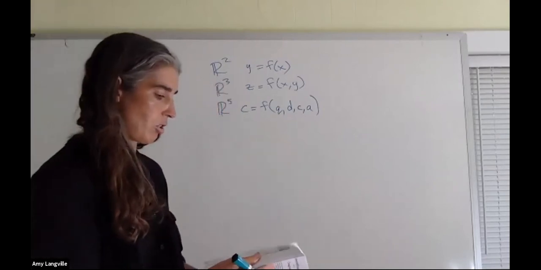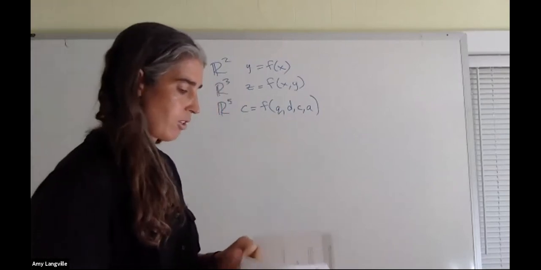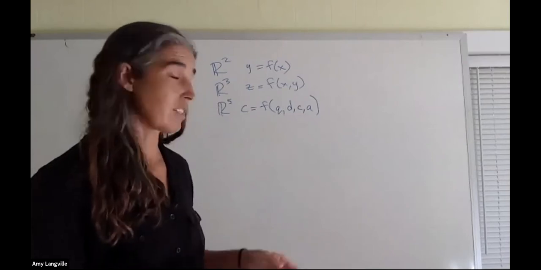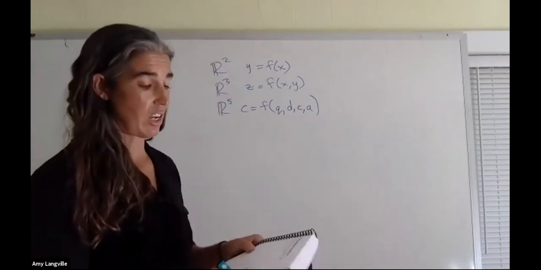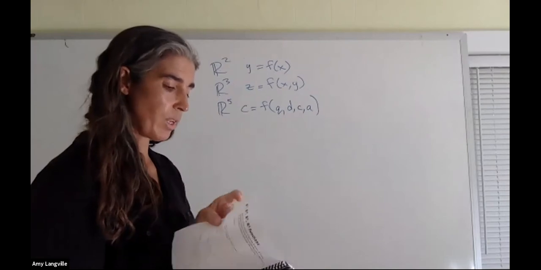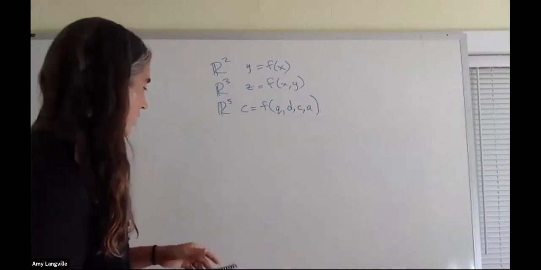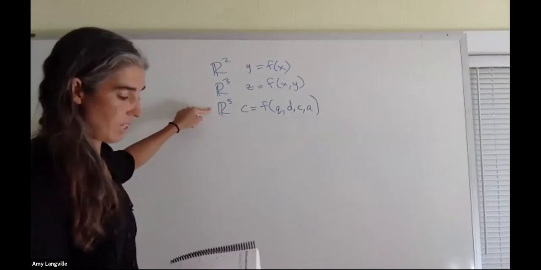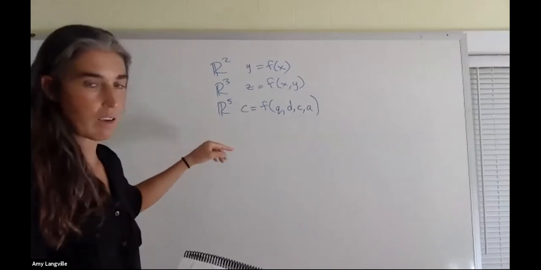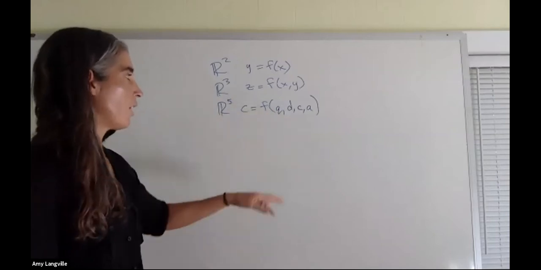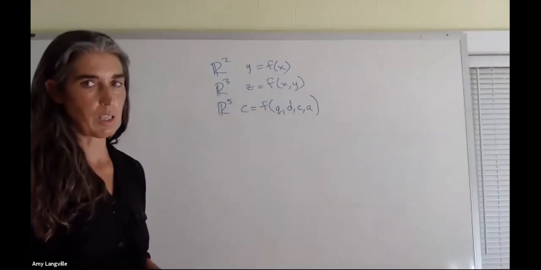So that's the beginning of your intro pages. Functions also have domains and ranges, just like they did here. Those definitions extend. You'll read about that on page 27. Then what we just did was an example on page 29. We gave an example of an R5 function in an algebraic form, and we know what each one of those variables symbolizes.